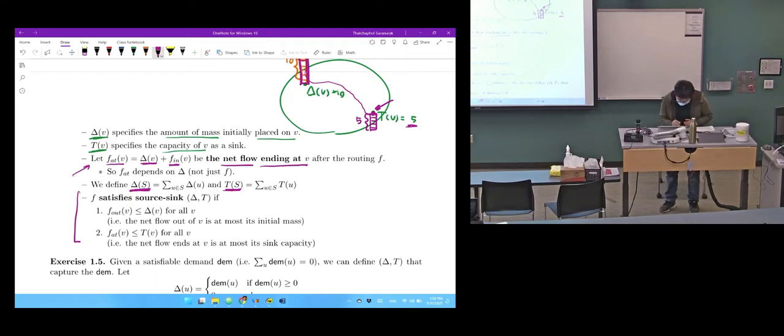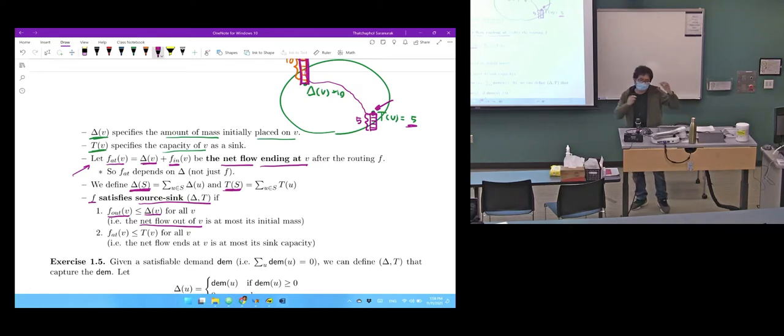I will say that F satisfies the source and sink functions if F out, the total flow out of V, is at most the source at V. That is, the net flow out of V is at most its initial mass. You cannot send out more than what you have from the beginning.